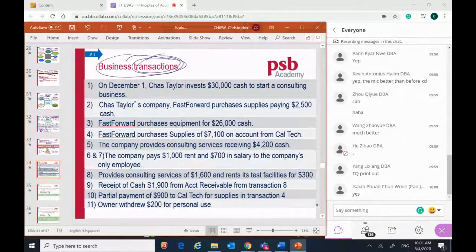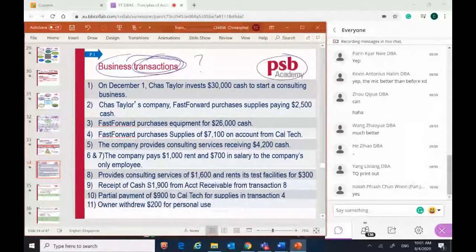All right. Now, these are examples of transactions. What are transactions? Transactions are any activities or any events that happen in the business. For example, in PSB, when a student comes and pays school fees, that is a transaction. When the school pays the electricity bill, that is a transaction.